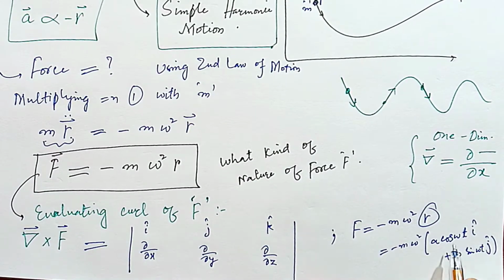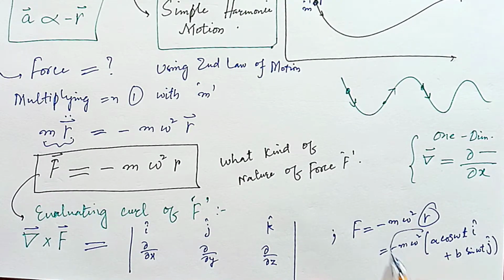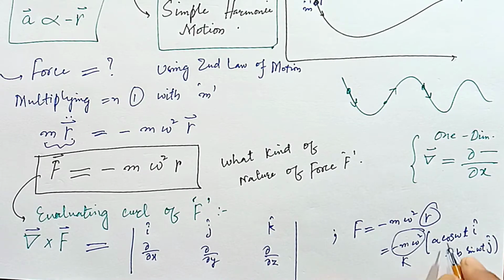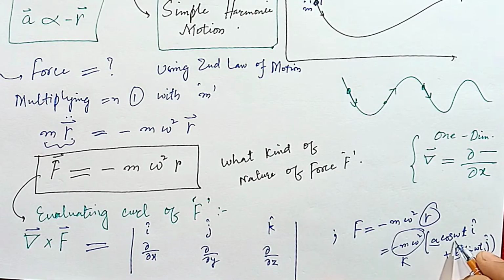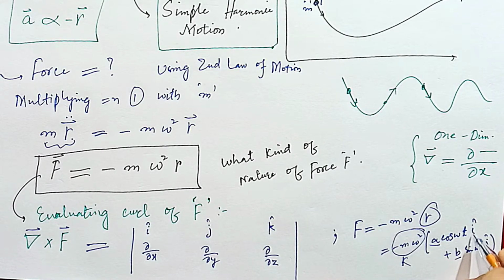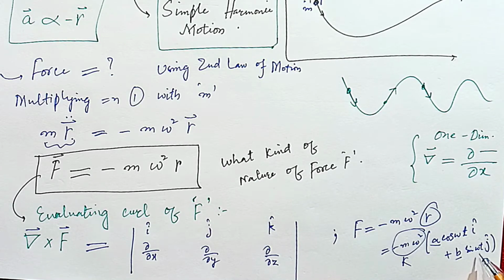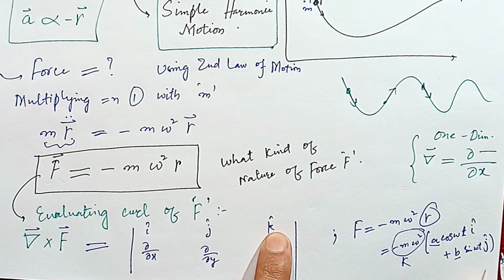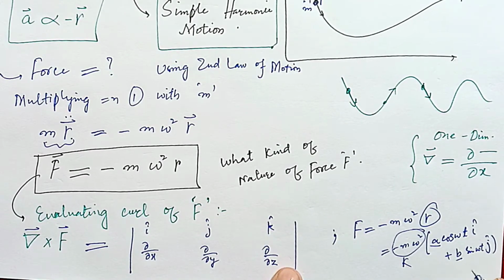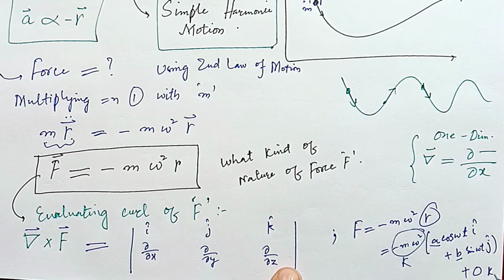So we have two components. These a and b are constants. One is the cosine component along the x-axis, another is the sine component along the y-axis, and the third component along the z-axis is missing, that is 0 along k.